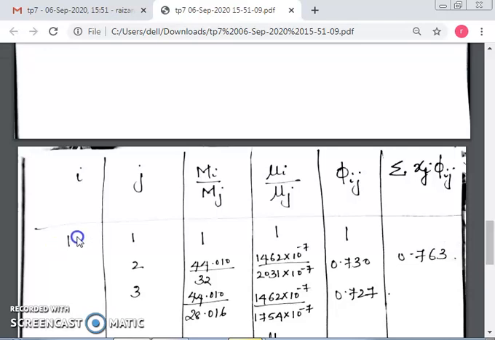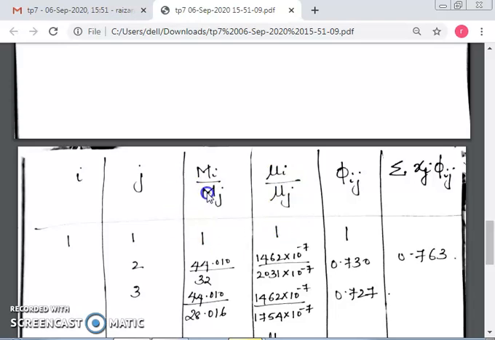So, for each of these i, we have a j term. So, this j term will also be 1, 2 and 3. So, this i, that is this 1, will be having a relation with each of these 3 species j. So, you have to find out the corresponding ratios of molecular weights and viscosity for this.